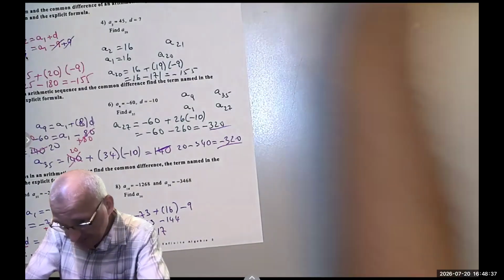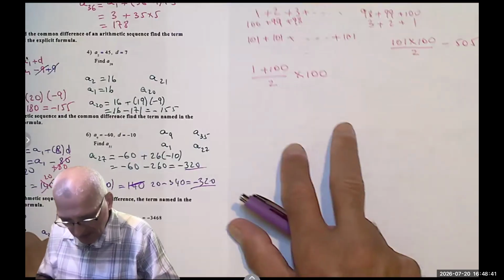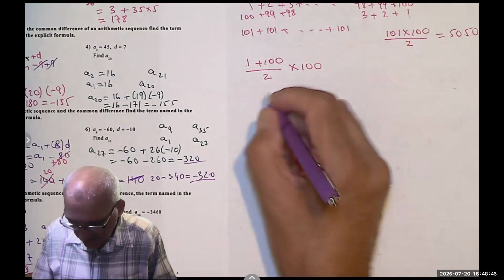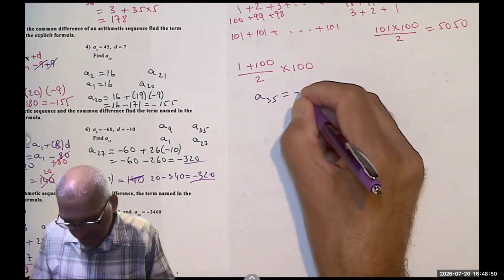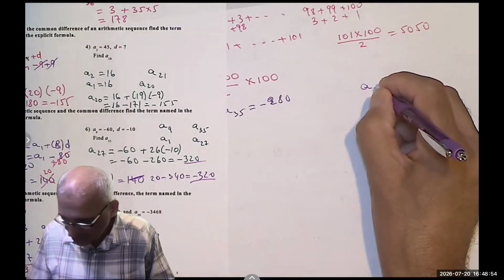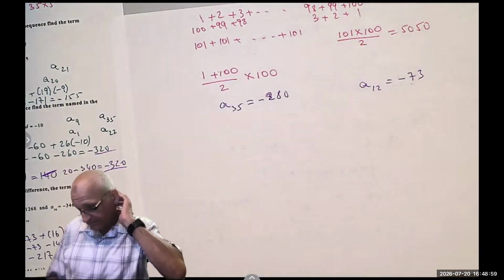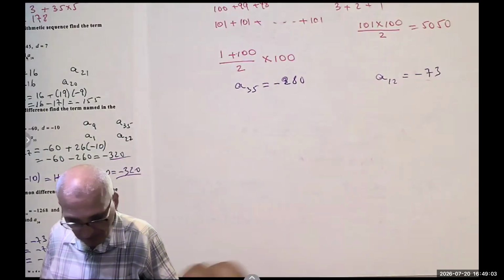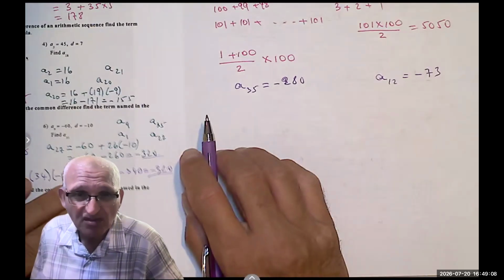Well, we already have this page here. Otherwise, if you don't want to do that, a sub 35 is negative 280 and a sub 12 is negative 73. I can write two equations in two unknowns.